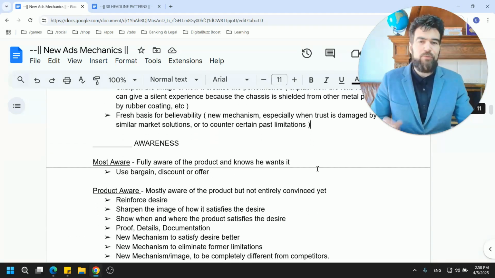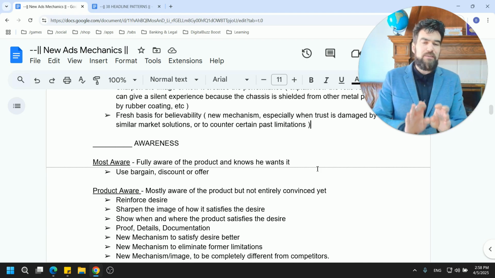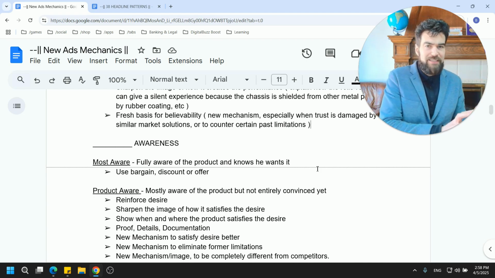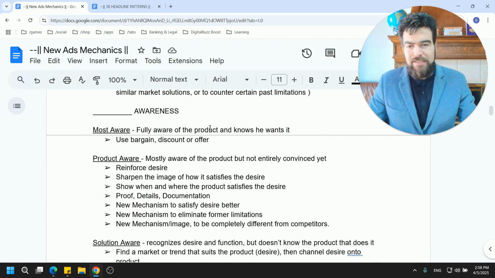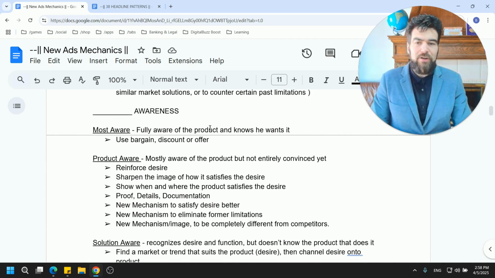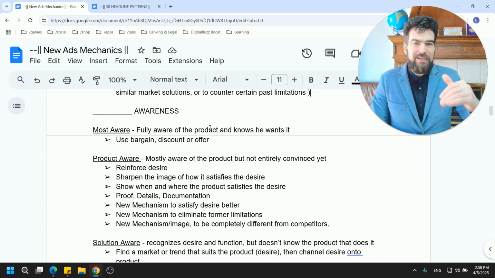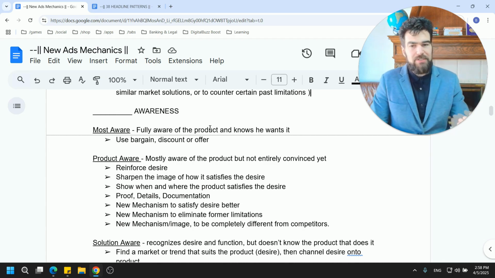Now, Eugene, for making a good headline, talks about awareness levels and sophistication levels. So awareness levels is basically how aware is your audience of your products and the desire and the problem that is linked to your product.